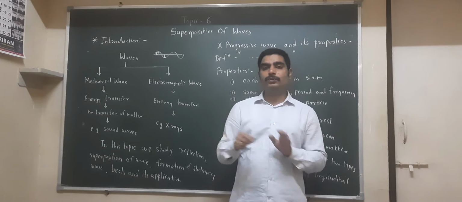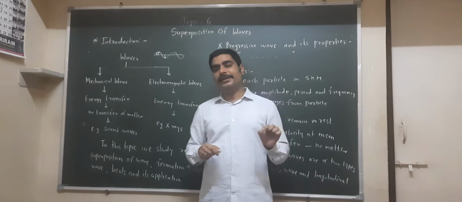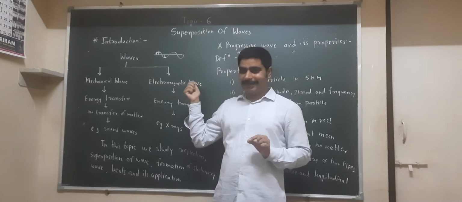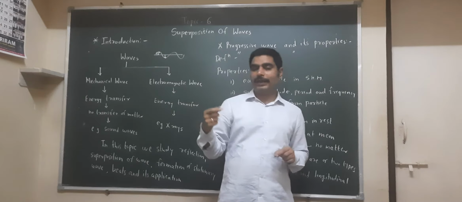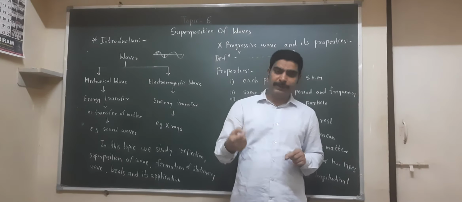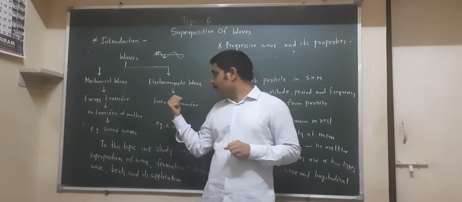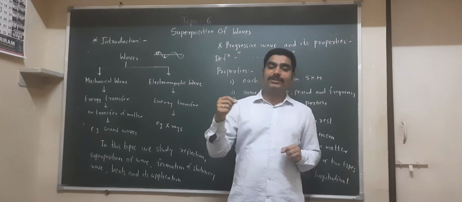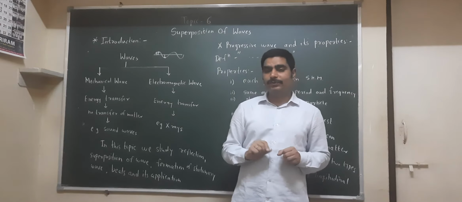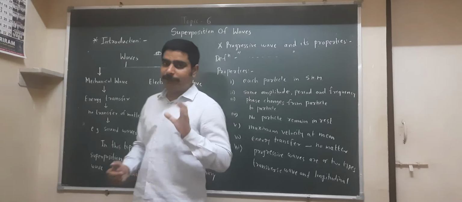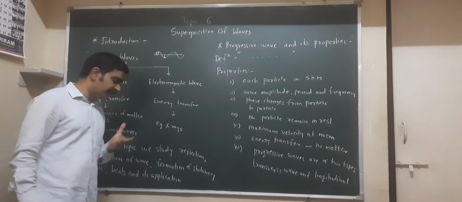The waves which do not require a material medium for their propagation are known as electromagnetic waves. Electromagnetic waves have the capacity to travel through a vacuum. In standard 11, you have studied that the speed of electromagnetic waves is equal to the speed of light, that is 3 into 10 raised to 8 meter per second. An example of electromagnetic waves is the formation of X-rays.